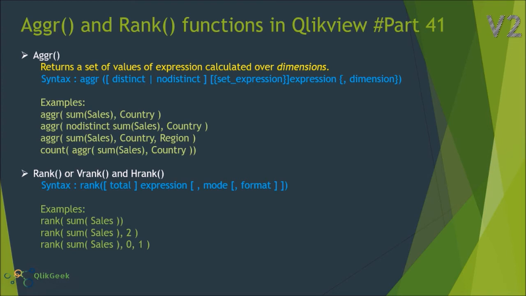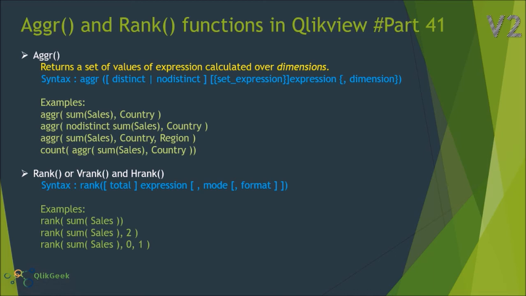Okay, so if you see the syntax, the rank function expects at least one parameter, that is the expression, which will be the resultant value. The rank function will take the entire column values into consideration, sort them, and then add the rank to it. There are mode and format.